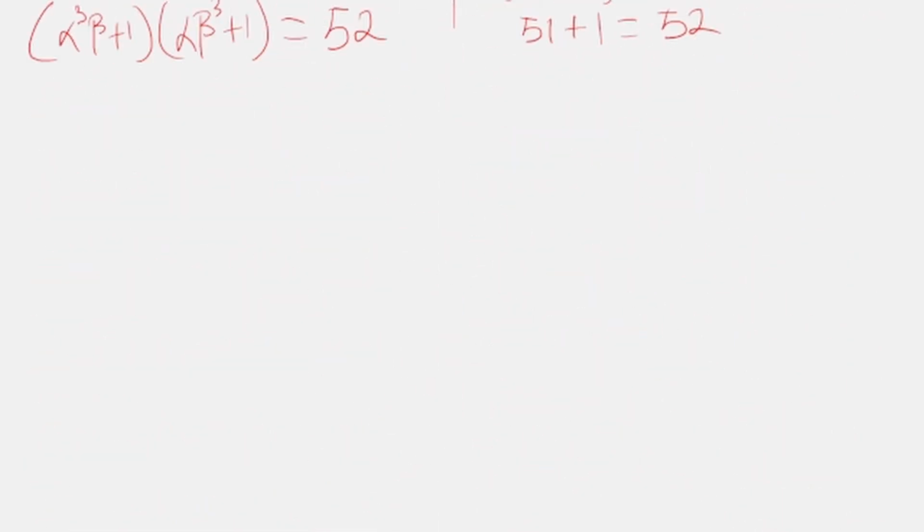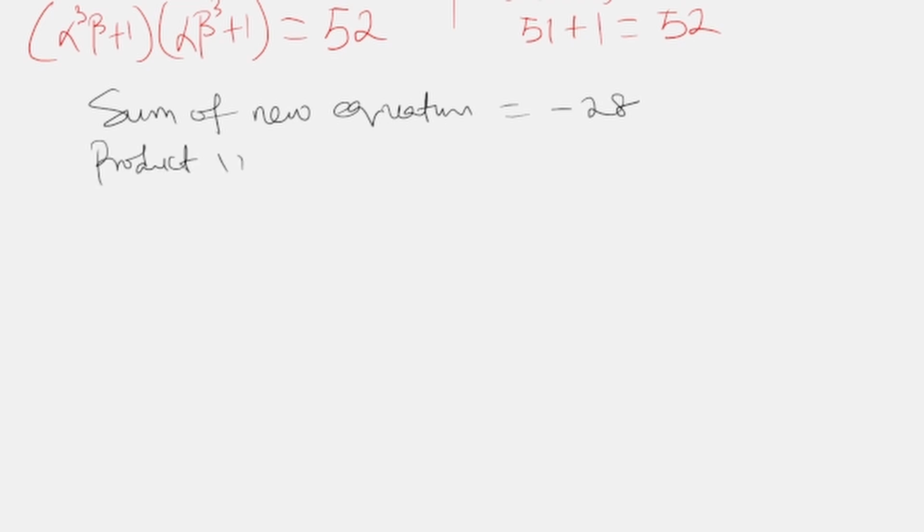So now I'm going to copy down the sum. The sum of the new equation is equal to negative 28 as we got, while the product is equal to 52.